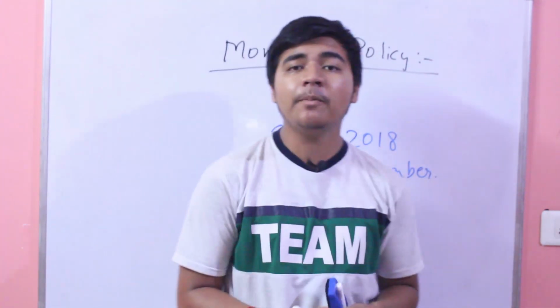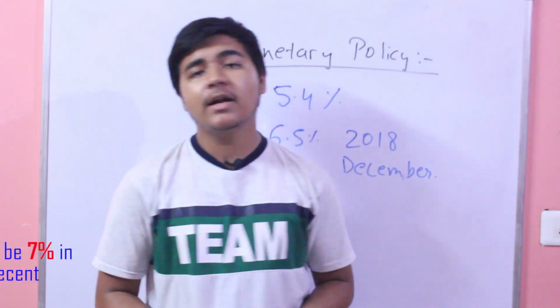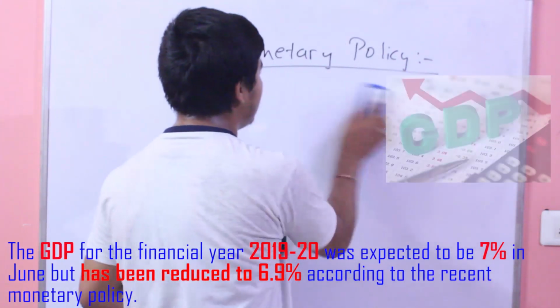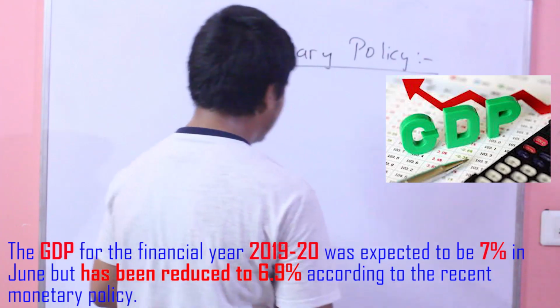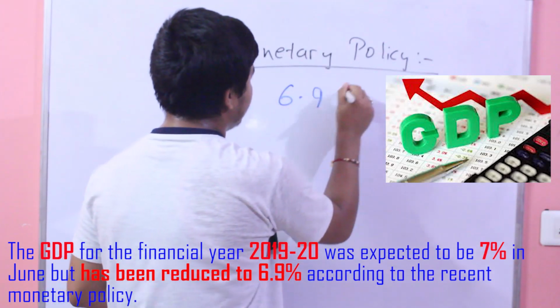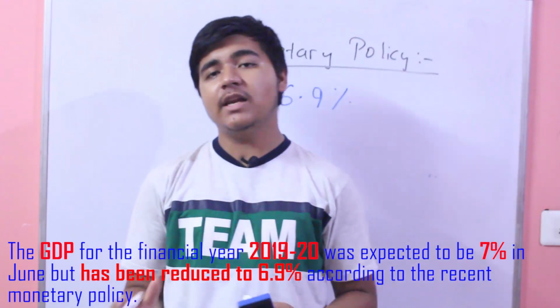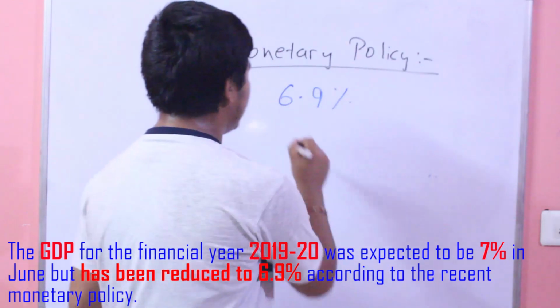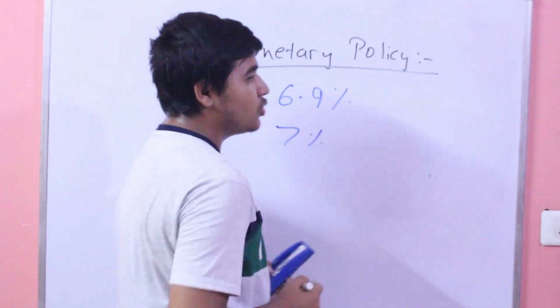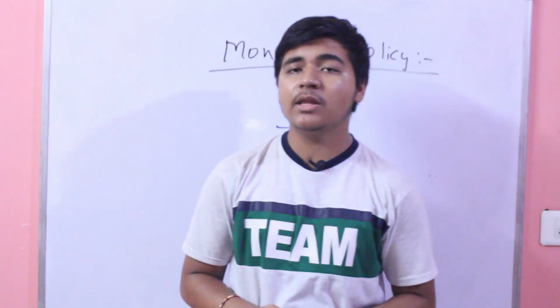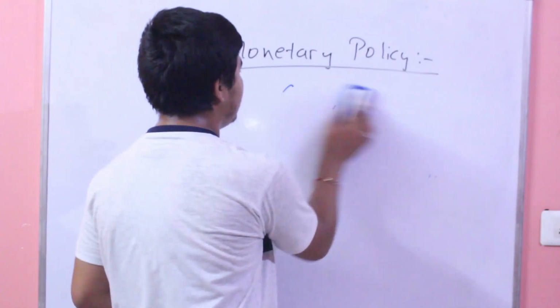According to this monetary policy, it is also predicted that the GDP will be of the tune of 6.9%, and the monetary policy which was released in June predicted that it would be 7%. So there is a reduction in the gross domestic product according to this new monetary policy.